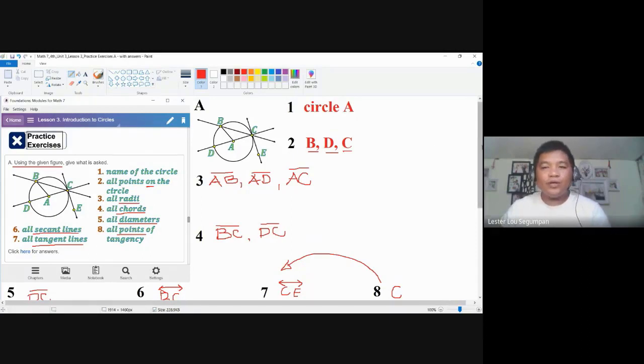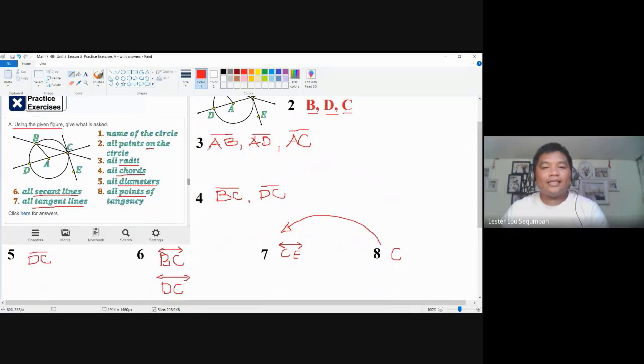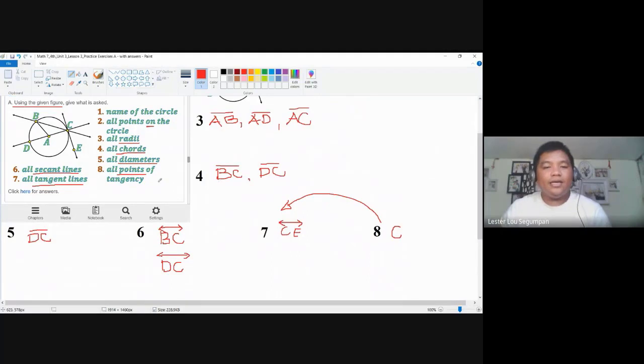And with those points, we could draw line segments, which could be either a radius, a chord, or a diameter. Then the lines, which would be considered a secant line or a tangent line, and the point of tangency associated with the tangent line.